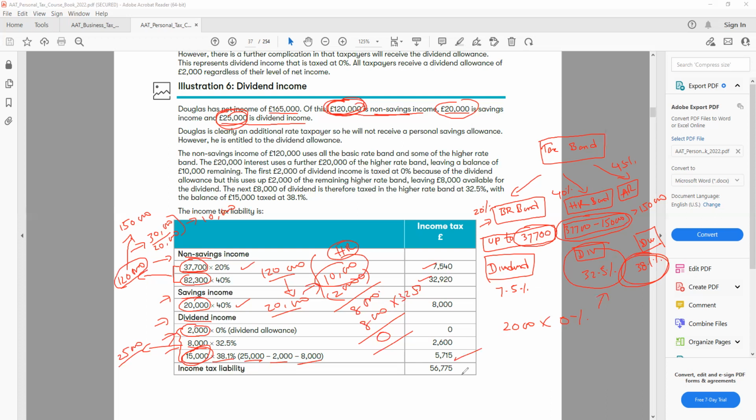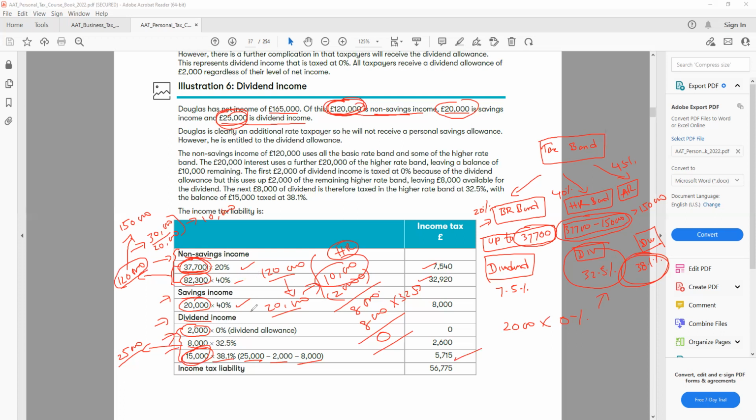So regardless how much my income is, the income always has to follow the tax band. So you need to split the tax band. So here, non-savings, how much is covered? First 37,700, always start with that figure and find how much is the remaining from the non-savings. So the difference will be here with the higher rate 40%.